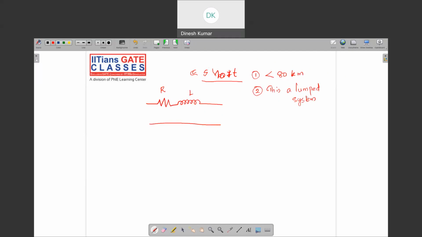The meaning of a lumped system is that the total resistance for the 80 kilometer line is lumped in R. So what is the resistance of the line for the 80 kilometer?